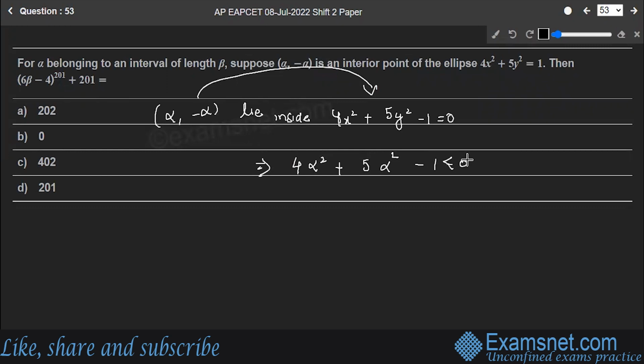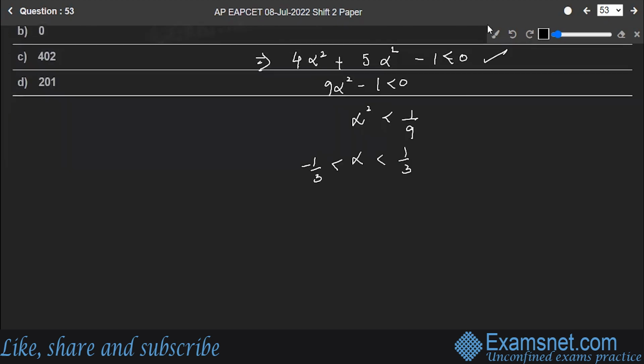If they lie inside this ellipse, then of course this is less than 0. That means 9 alpha square minus 1 is less than 0, or alpha square is less than 1 upon 9. So alpha lies between minus 1 by 3 and 1 by 3. You can write it as alpha belongs to (-1/3, 1/3).